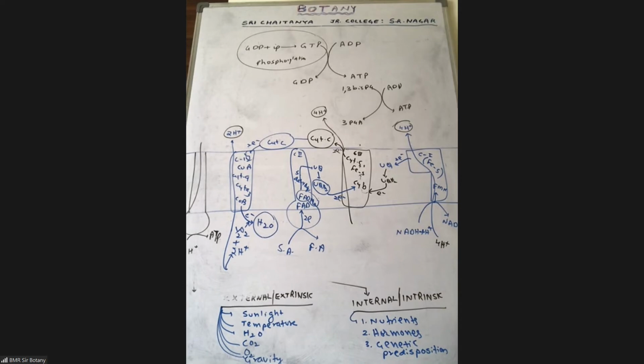For 1 glucose by SLP, Krebs cycle gives us 2. But I said aerobic respiration, complete.